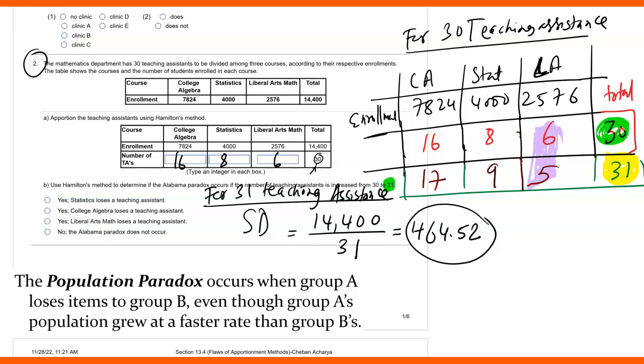Make sense? Remember that before, when the number of items was 30, liberal arts had 6 quota, correct? Now after the increase from 30 to 31, liberal arts loses the quota and the other groups gain the quota. Okay, that's called the Alabama paradox.